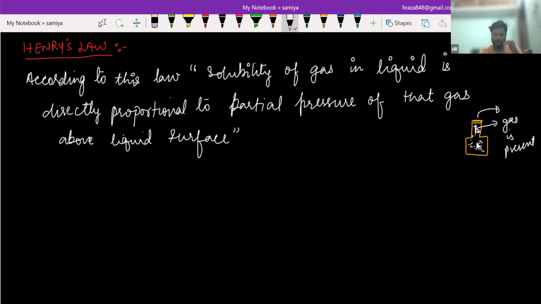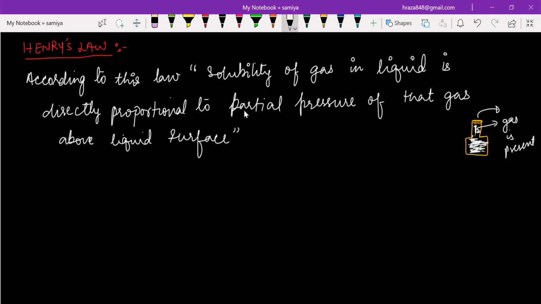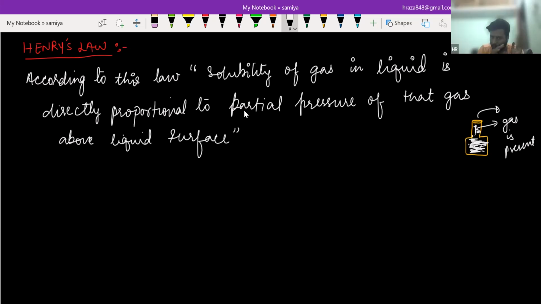That gas exerts pressure on this liquid surface. So we can take this example, because the gas is soluble and exerts some pressure on the liquid surface.